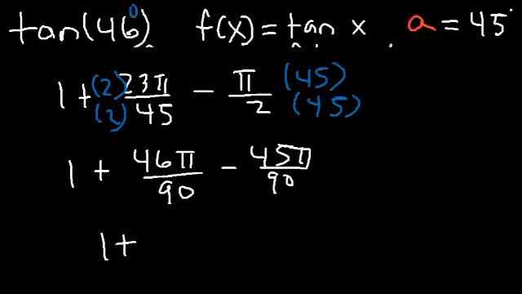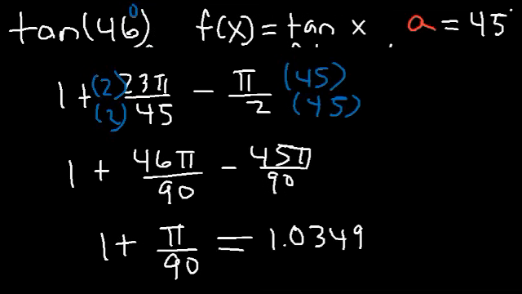So it's 1 plus pi over 90. Okay, I'm definitely using a calculator for this part. So pi divided by 90 is 0.0349 plus 1. So you get 1.03497.